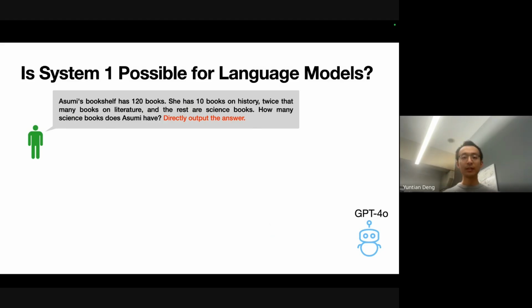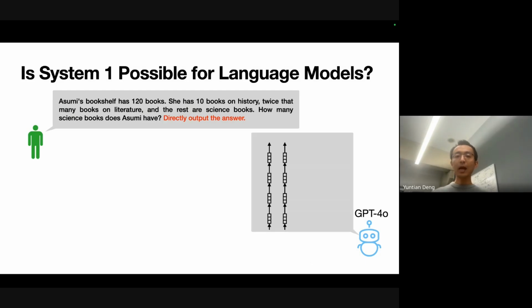The reason is because language models have a different architecture from our human brain. If you think about what is happening before producing each output token, there are actually multiple layers of feed-forward network. And one intuitive idea is, why couldn't the model just use each layer to perform one step of intermediate reasoning?